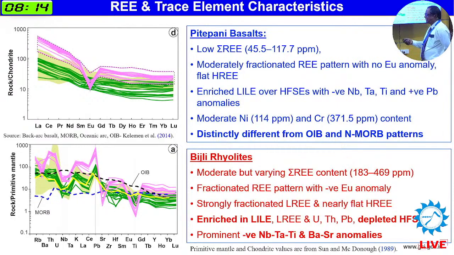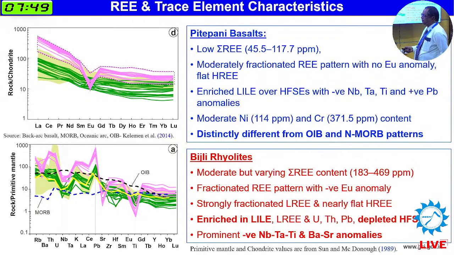Now see, green color is for the basalts and pink color is for the rhyolites. We can see here they have low total REE, a moderately fractionated REE pattern with absolutely no europium anomaly, slightly more fractionated LREE, and a more or less flat HREE pattern.